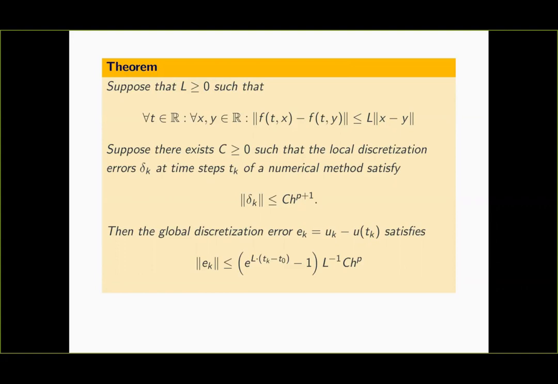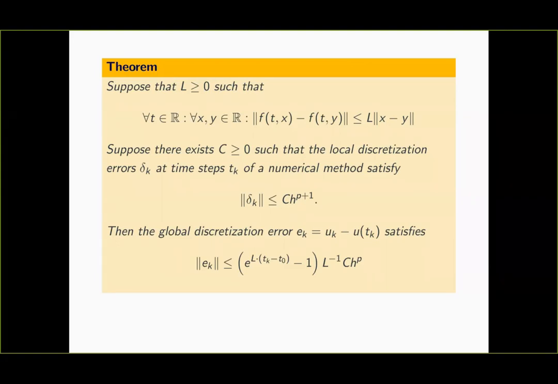We have our usual assumption on the function f, namely, we suppose that there exists a non-negative L such that for all times t and all x and y, the Euclidean norm of f(t,x) minus f(t,y) is bounded from above by L times the Euclidean norm of x minus y. Now suppose we've shown for the local discretization errors the following, namely that there exists a non-negative constant c such that for all the local discretization errors delta k at the time steps tk of our numerical method, we have the estimate that the Euclidean norm of delta k is bounded from above by c times h to the p plus 1.